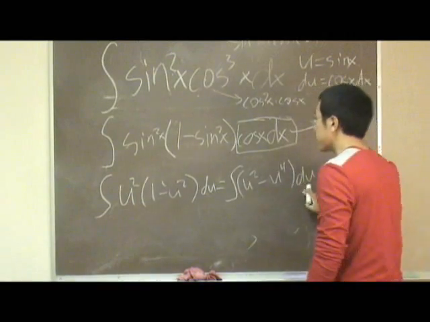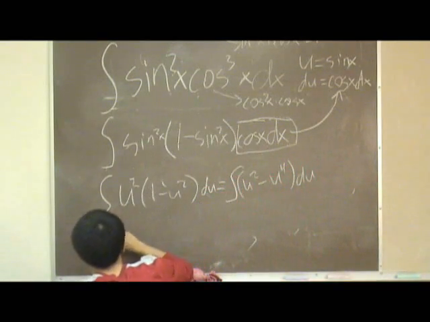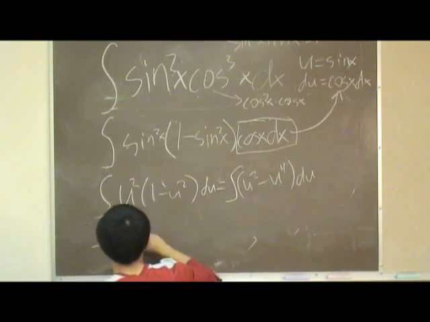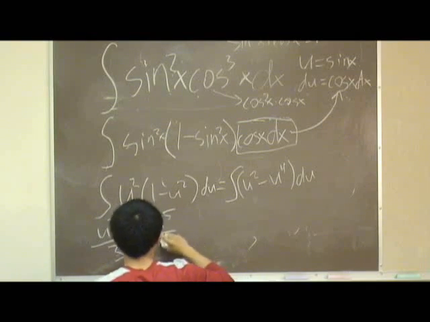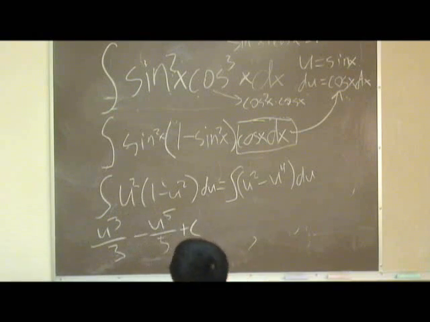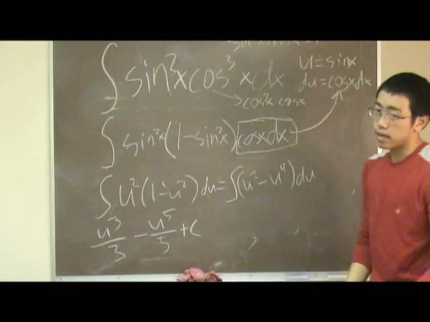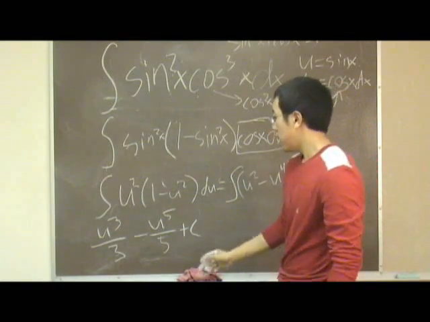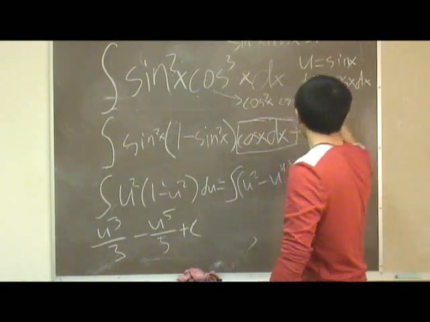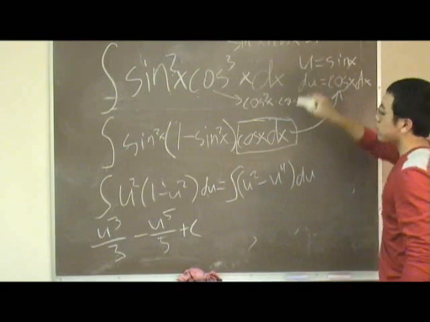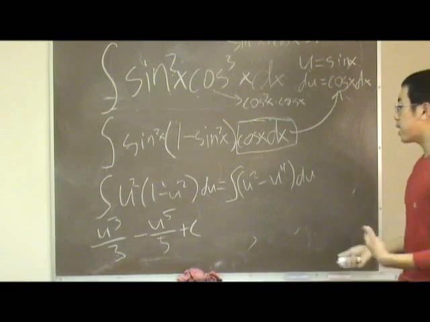So, doing the integral of this, you will get u to the third over 3 minus u to the fifth over 5 plus c. Now, you're almost done with this question, but there's one last step. You have to substitute sine of x back into u to complete this integral.